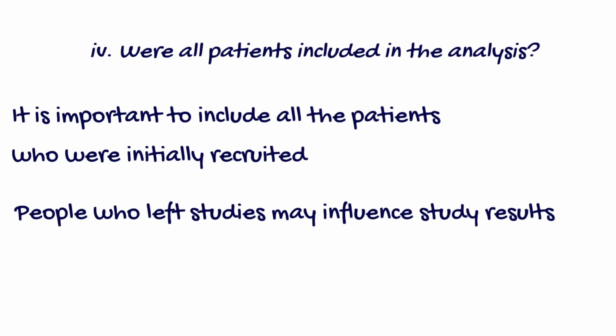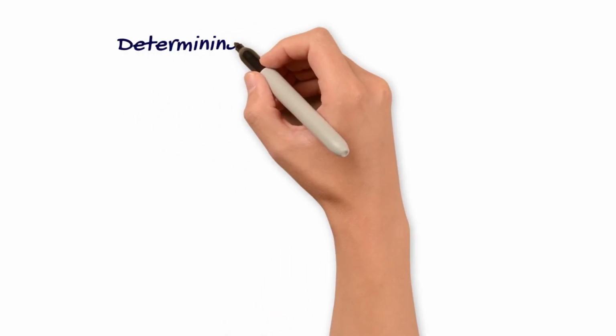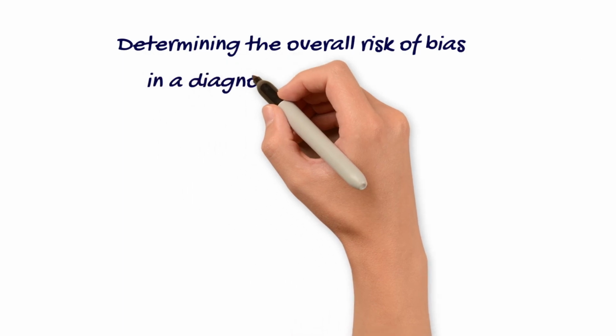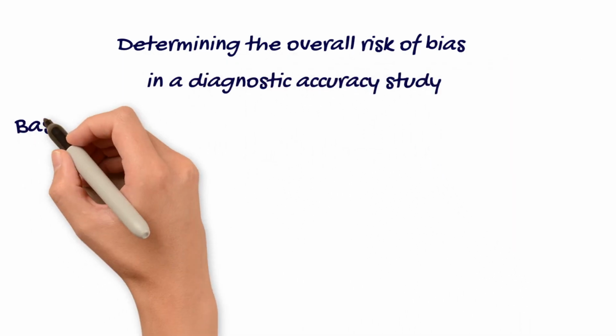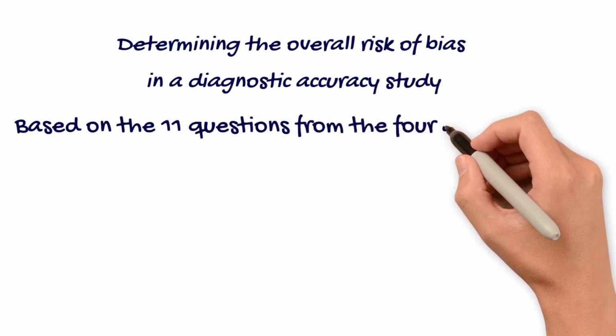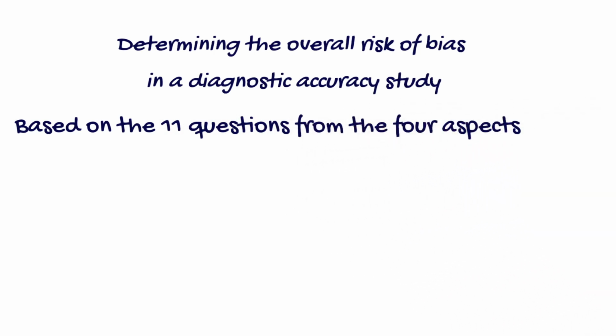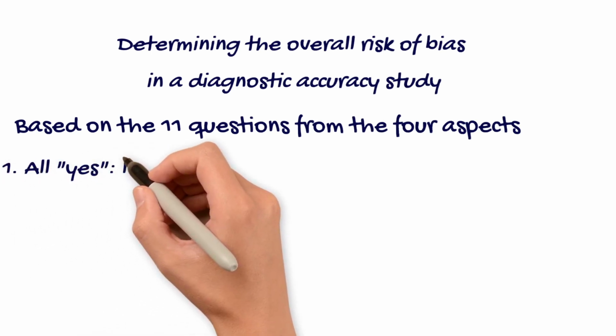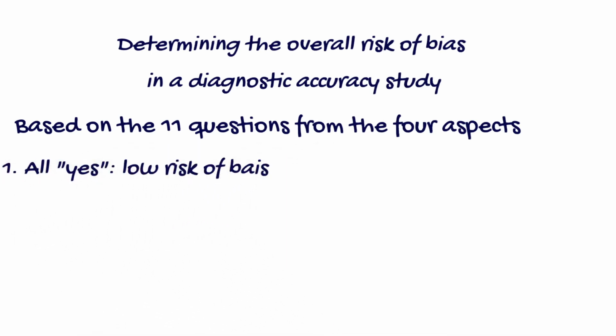We evaluate the overall risk of bias for a diagnostic accuracy study using the 11 individual questions across the 4 aspects: patient selection, index test, reference standard, and flow and timing. If all the answers to these questions are yes, it means there is a low risk of bias.